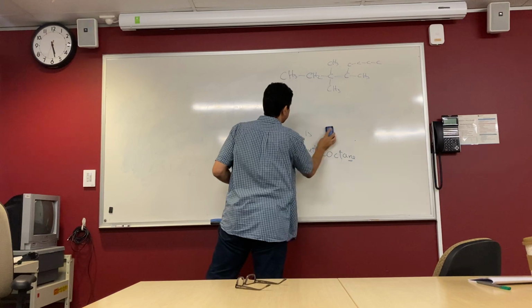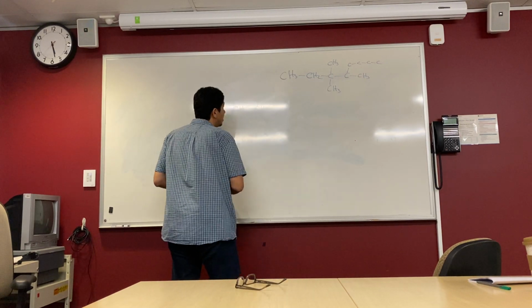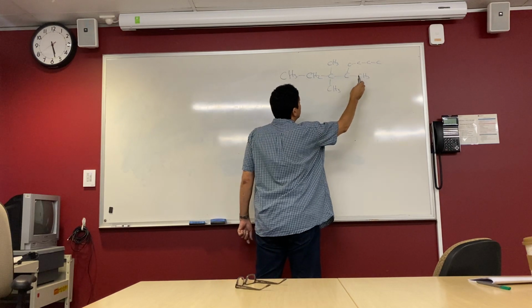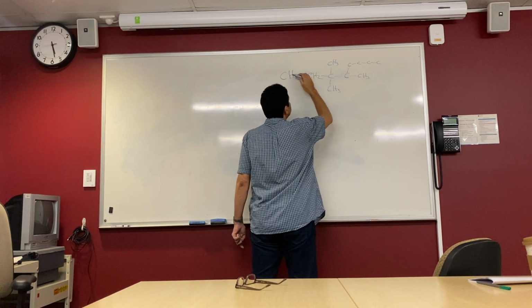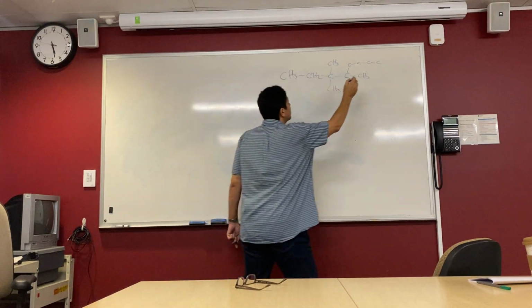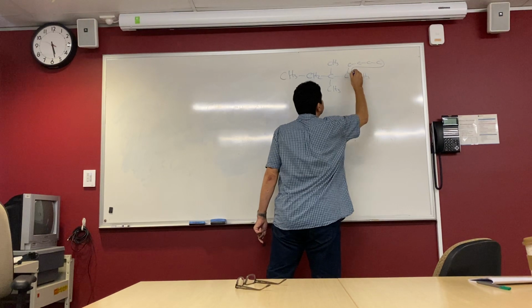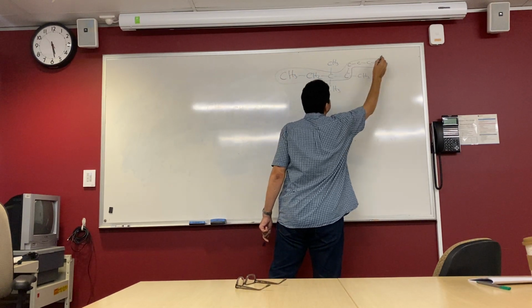First, where is the parent? So we can count here. 1, 2, 3, 4, 5, 6, 7, 8. I think this is the longest one, right? So we can put it like this. And what are the substituents?